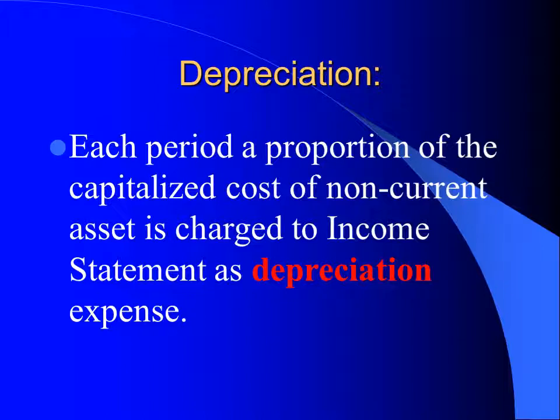And now we come to the topic of depreciation. A proportion of the cost is charged to the income statement as depreciation expense. How this is done is shown in the next slide.